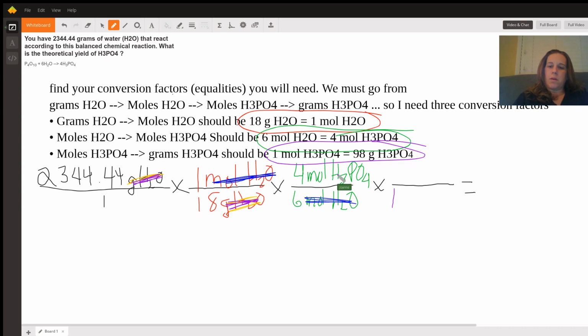So I'm going to place the 1 mole of phosphoric acid as a denominator to cancel out with the 4 moles of phosphoric acid unit in the previous conversion factor. 1 mole of phosphoric acid is equal to 98 grams of phosphoric acid.